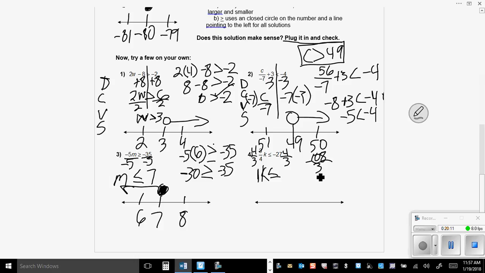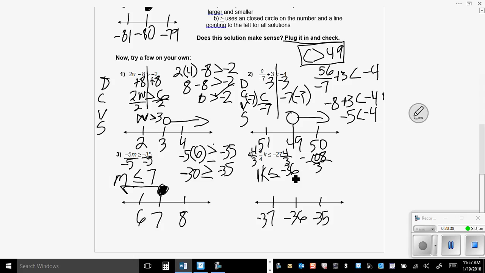So negative 108 divided by 3 gives us negative 36. So we did not need to flip the sign because we did not divide by a negative number, even though our answer comes out to be a negative 36. Now let's plug that in.